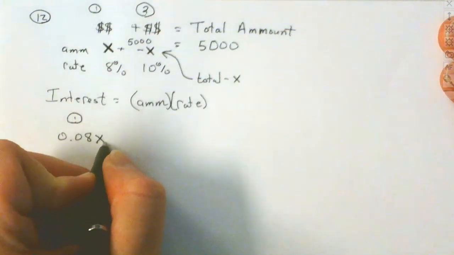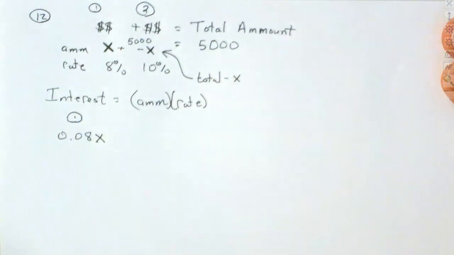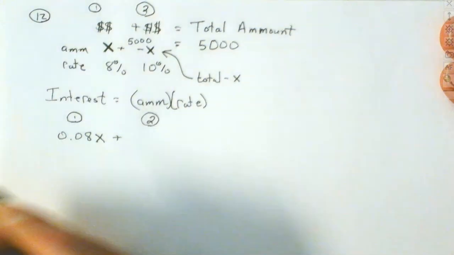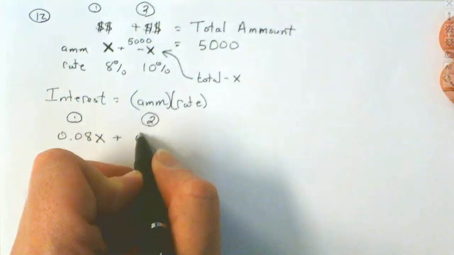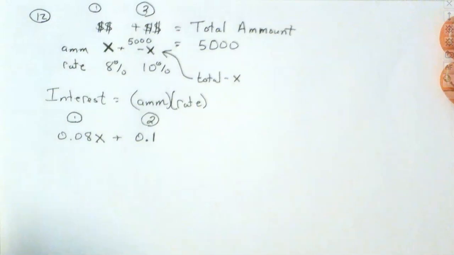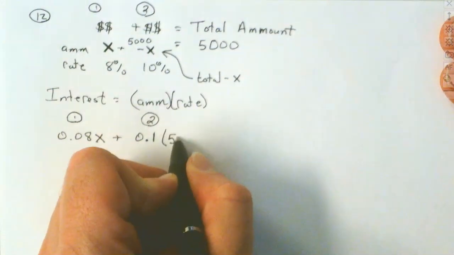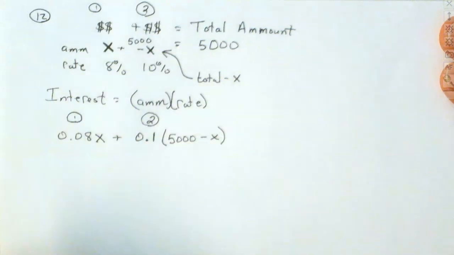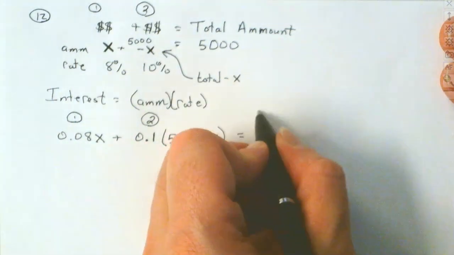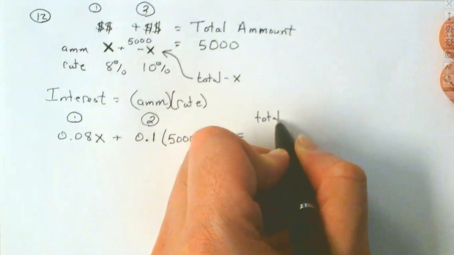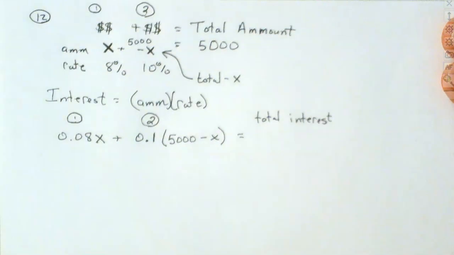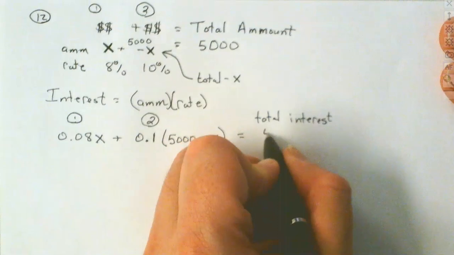Unknown amount, X. Next fund, 10%, so that's 0.1. How much is in there? 5,000 minus X, and we always make that equal to the total interest. And if we read this question, the total interest is going to be 480.